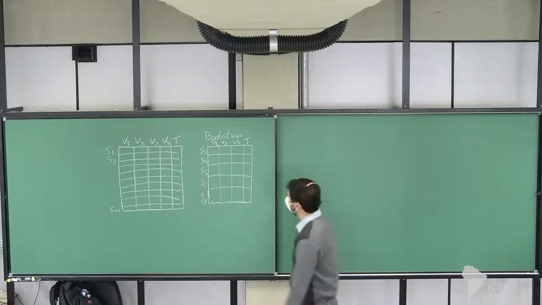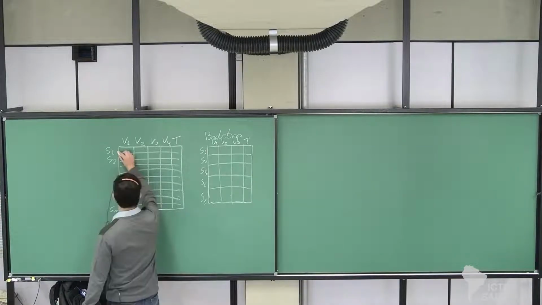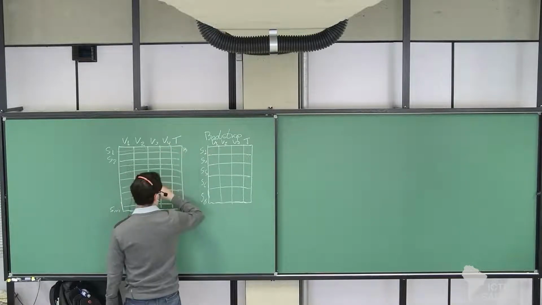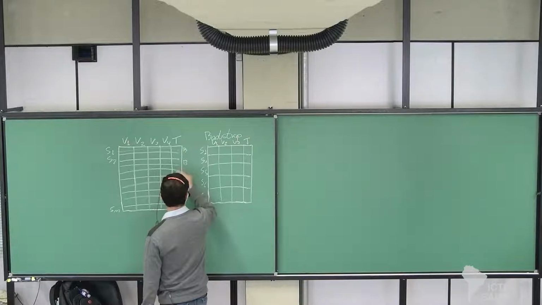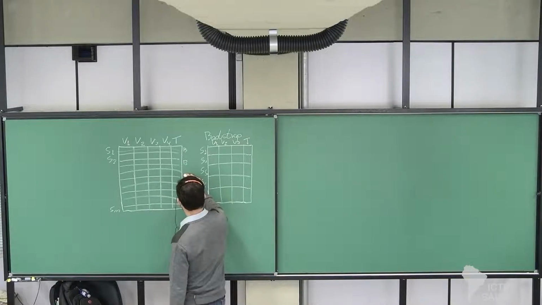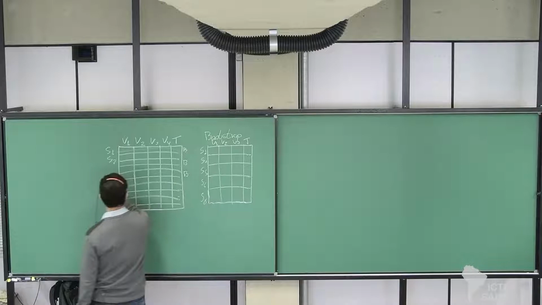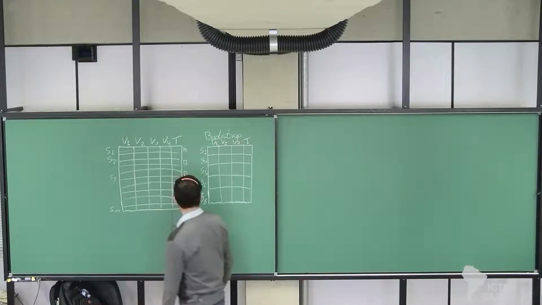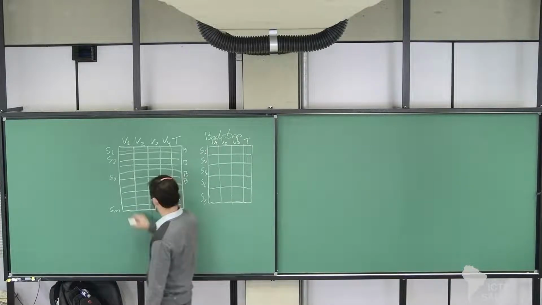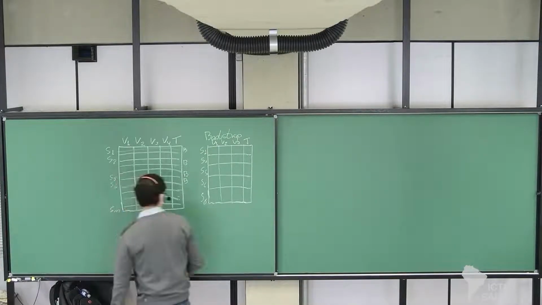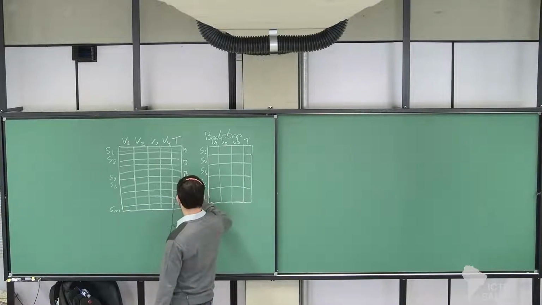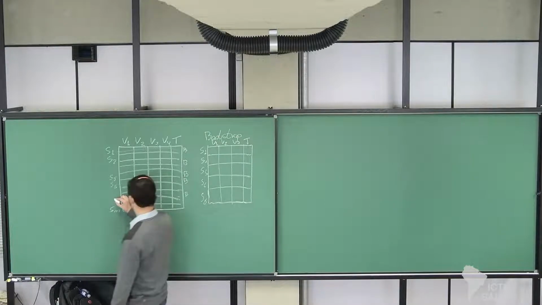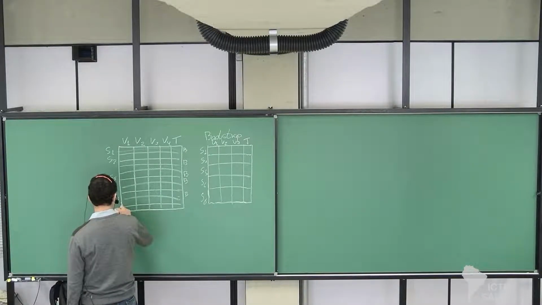So sample 1 is part of my Bootstrap. I'll put a B here. Sample 3 is part of the Bootstrap. Sample 5 is part of the Bootstrap. Sample 6 is part of the Bootstrap. Sample 8 is part of the Bootstrap. So here's sample 10.